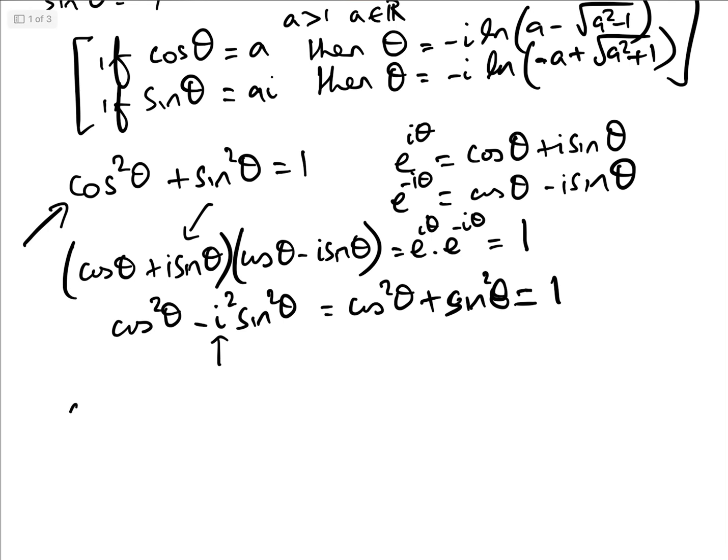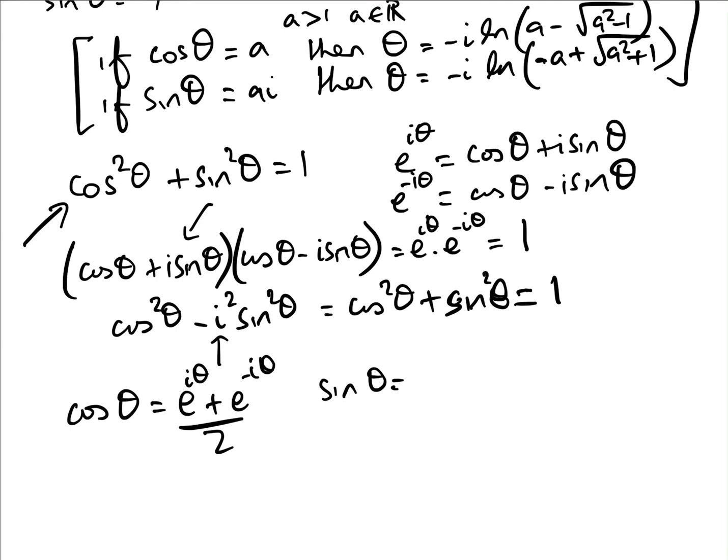There is another way. We could use the identities that we've been using in the first 2 videos. Cos theta is (e to the i theta add e to the minus i theta) over 2, and sine theta is equal to (e to the i theta minus e to the minus i theta) over 2i.